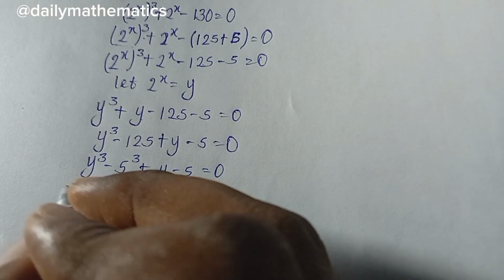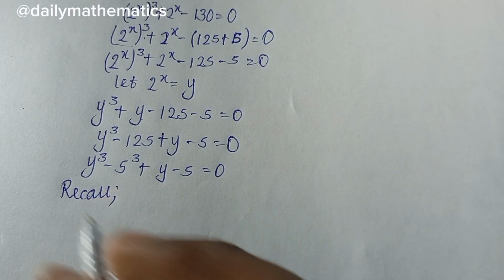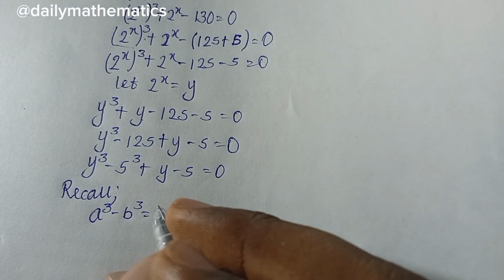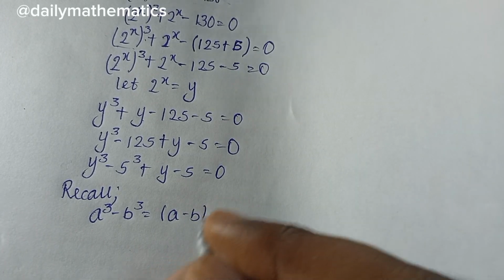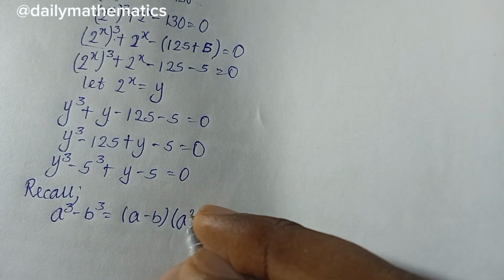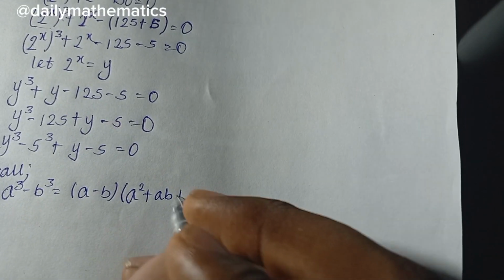So from here, now recall that a raised to the power of 3 minus b raised to the power of 3 will give us a minus b, then bracket a squared plus ab, then plus b squared.